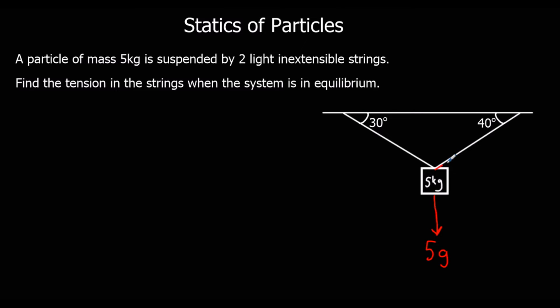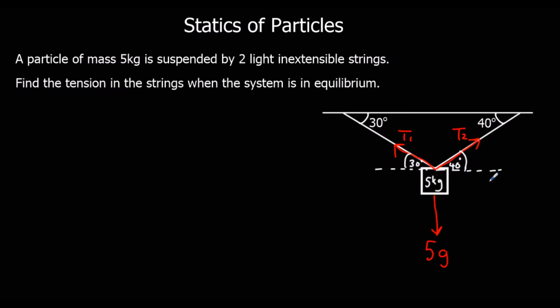We've got two strings, so we've got two tension forces. We can call them T1 and T2. And from the diagram, we can see that T1 acts at 30 degrees to the horizontal, and T2 is acting at 40 degrees to the horizontal.